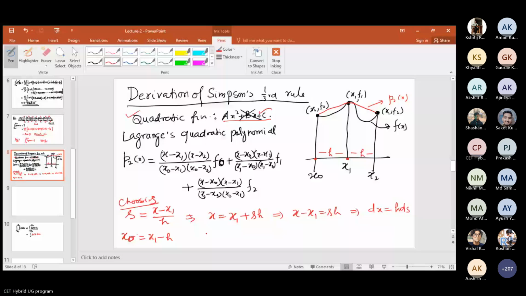Now, when x equals x0, this will imply s at x0 equals (x0 minus x1) by h.